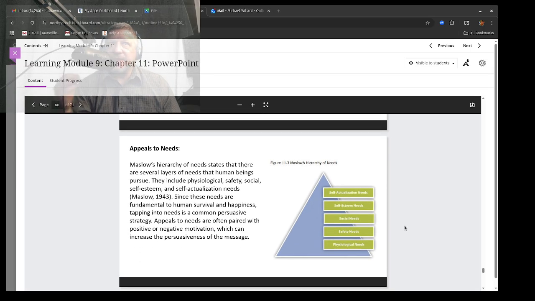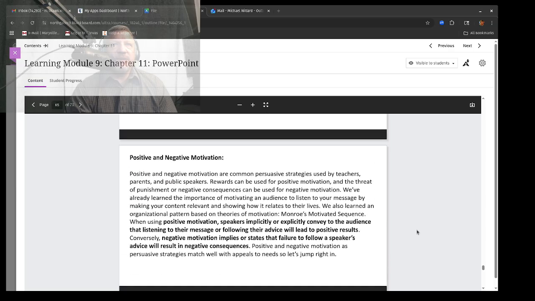This goes back to appeal to needs, our hierarchy as well. When we think about appeal to needs, we have to have certain levels met before we can even think about other things. I'm going to swing back here real quick.